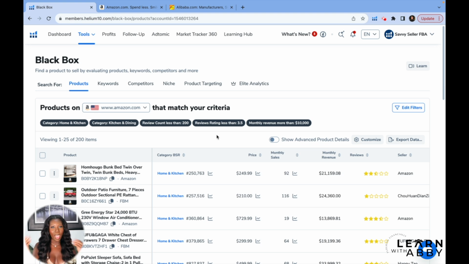So I want you to understand the reasons that we're putting in these numbers, why we're making the selections that we are, is because we're brand new to selling on Amazon. We don't want to spend too much money. We don't want a product that is too competitive, and we don't want something that is already pretty close to perfect, because we're not going to be able to differentiate and make it better. And so we're not really going to be competitive when we launch the product.